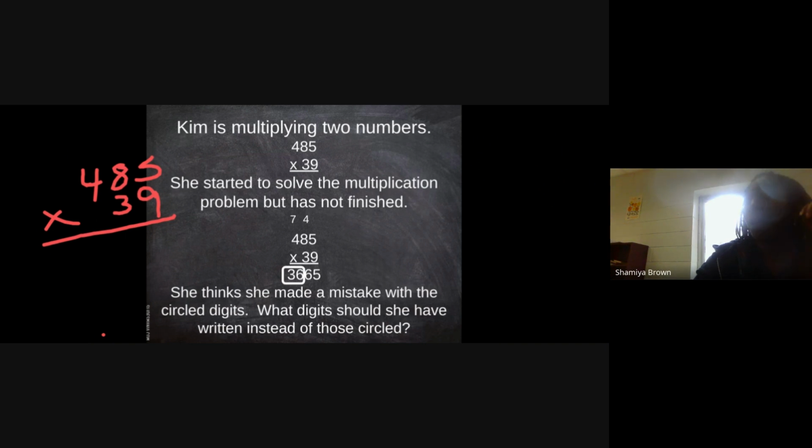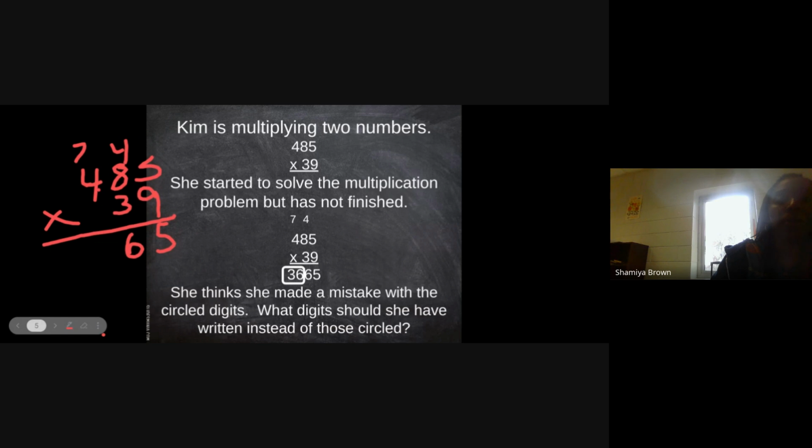So my first step is 5 times 9, which is 45. So I'm going to put my 5, carry my 4. Then I'm going to do 8 times 9, which is 72, plus the 4, 76. So I'm going to put my 6, carry my 7.